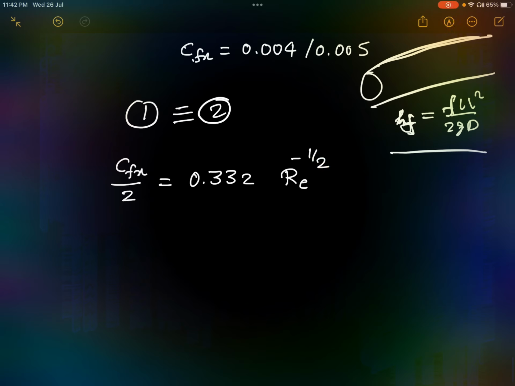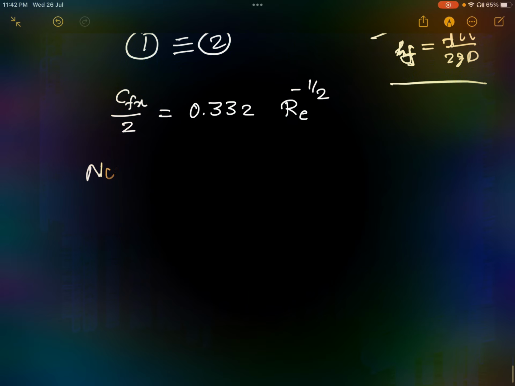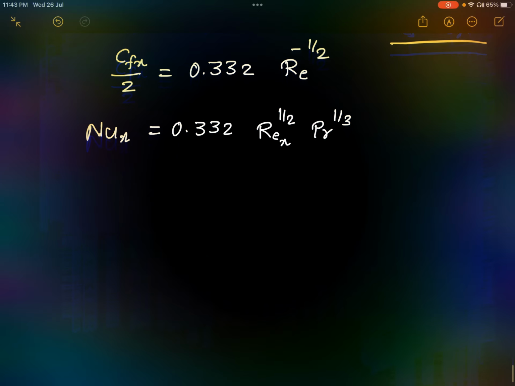And we know that Nusselt number is equal to 0.332 Reynolds number raised to the power half and Prandtl number power cube root. Let us divide both sides by the local Reynolds number and Prandtl number.